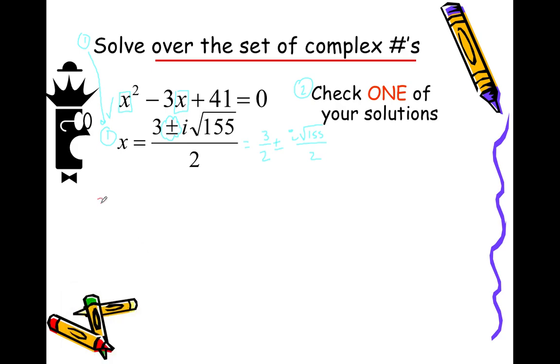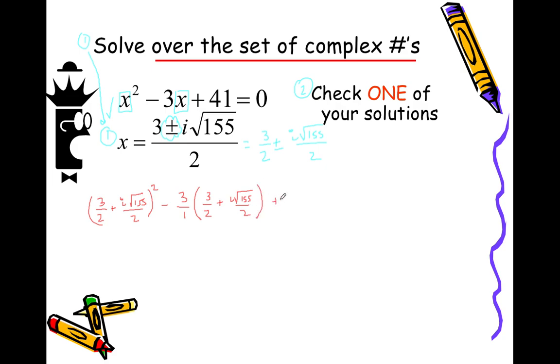I'm going to take the positive one, 3 halves plus i root 155 over 2, and what are you going to do to that? Minus 3. Just for emphasis sake, I'm going to make that 3 over 1 because I'm going to multiply it by 3 halves plus i root 155 over 2.